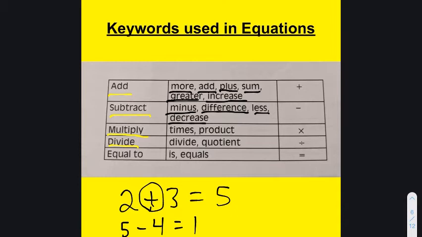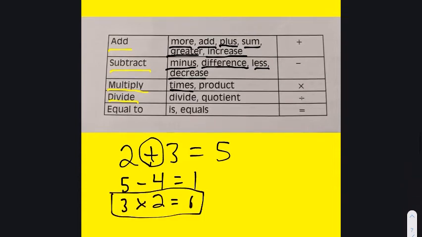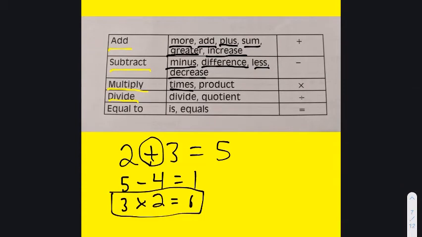Now let's look at multiplying. Let's use an example like 3 times 2, which is 6. Oftentimes when we say this equation out loud, we use the word times. 3 times 2. Now let's look at divide. Let's go 15 divided by 3 equals 5.